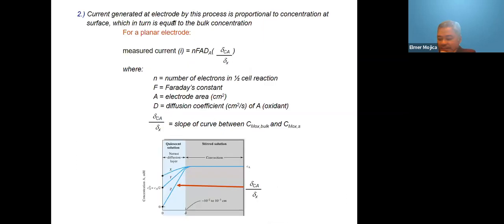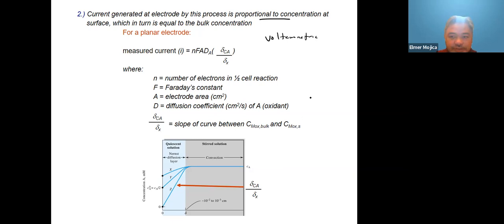So the current generated at the electrode by this process is usually proportional to the concentration at the surface, which in turn is equal to the bulk concentration. So yun yung basis ng tinatawag nating mga voltammetric method.